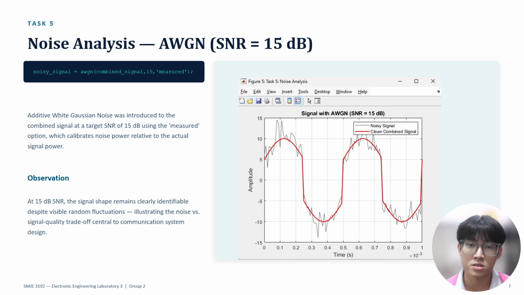Even with these visible random fluctuations, the underlying shape of the wave remains clearly recognizable, and this perfectly illustrates the fundamental trade-off in communication systems. As noise level increases, signal quality degrades, which eventually leads to errors when trying to recover the data.